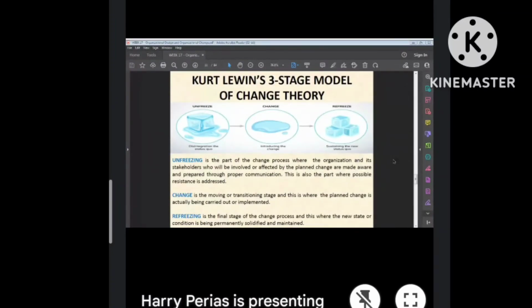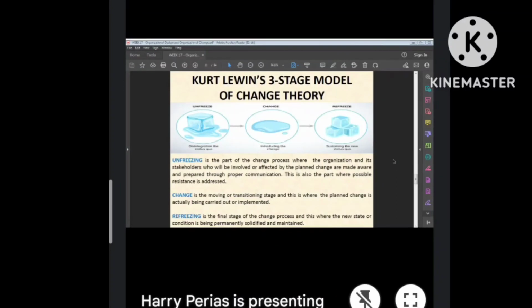Bibili tayo ng mga computers, gagawin natin automated or digital ang ating mga transactions and so on and so forth. Okay? I-explain dapat ni upper management kung para saan tong changes na ito, ano ang purpose nito, bakit kailangan ito, bakit dapat mangyari ito, 'di ba? So, ang magiging resistance diyan ng mga tao is hindi sila marunong.